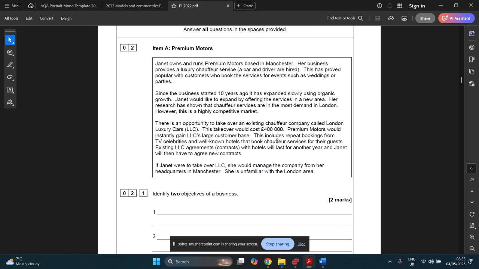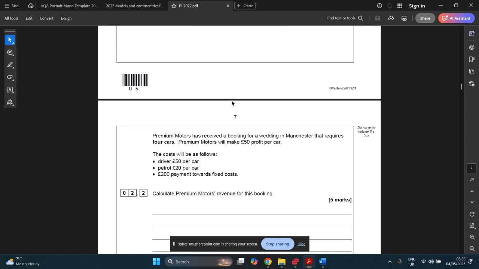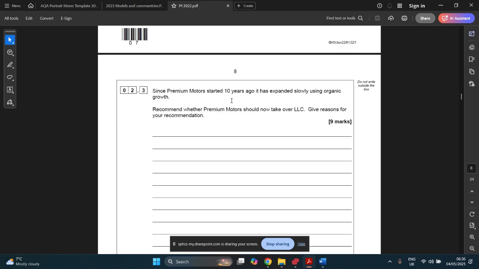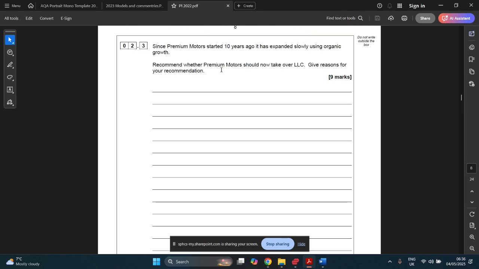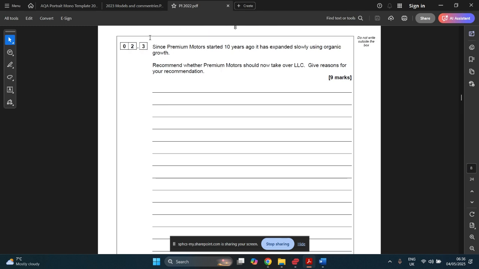So absolutely a bad way of doing it is to answer section A and then answer the 9 mark and the 12 mark questions, because it doesn't work with the exam. You've got to read the case studies in order. Of course, you do what you want in the exam, but I recommend reading the case studies and answering in order. On the 9 mark questions, the examiner's report says use the stem.